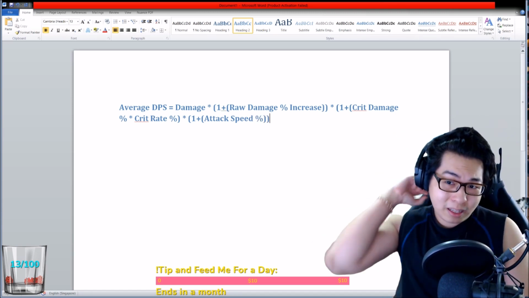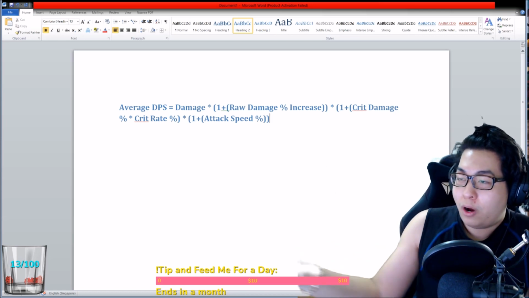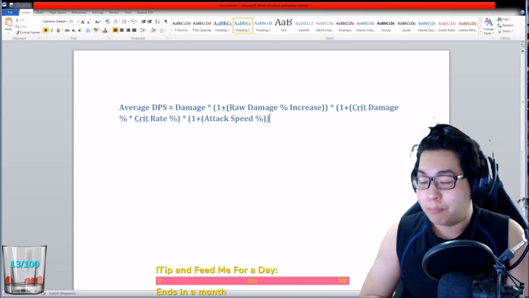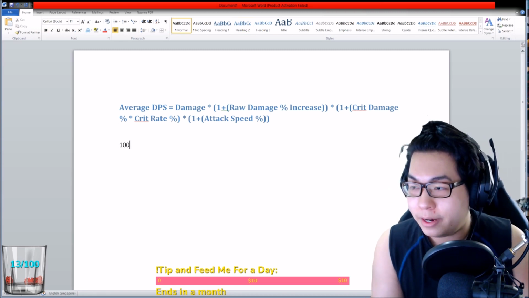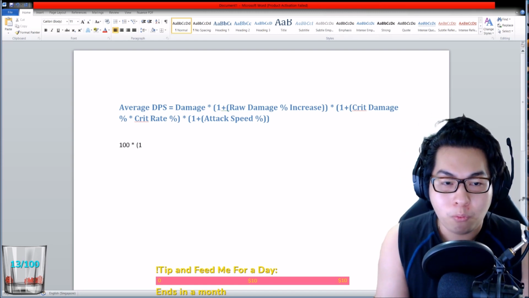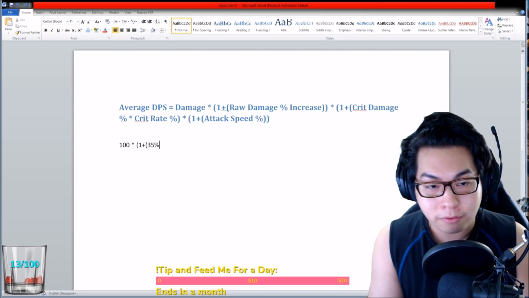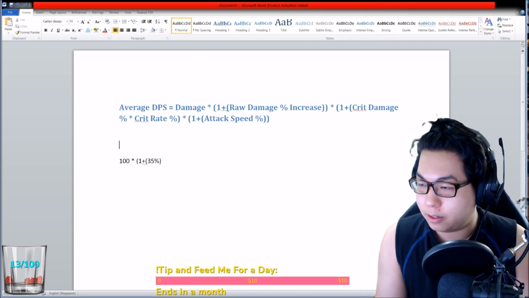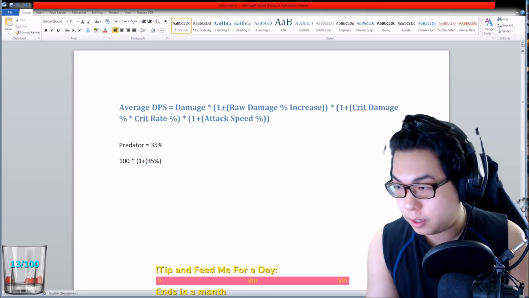Now, to break down this formula, the reason it multiplies this way is, let's say you do 100 damage as your base, and you have 1 plus your predator, which is 35%. Just for posterity, I'm putting it here: predator goes 35%.